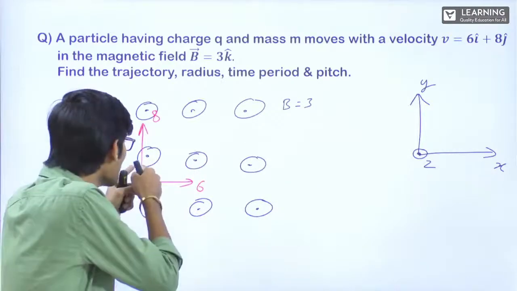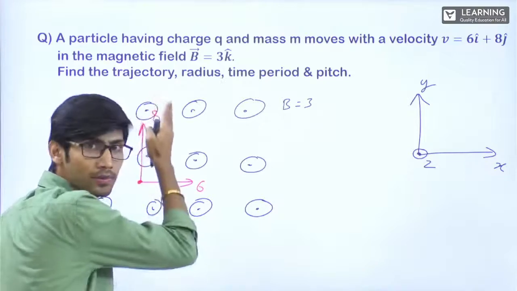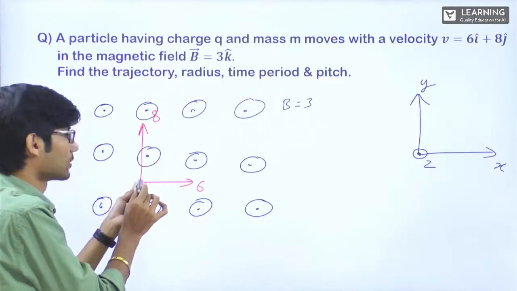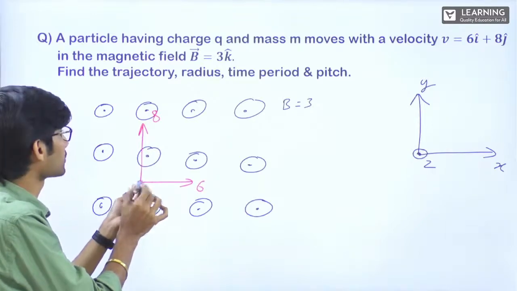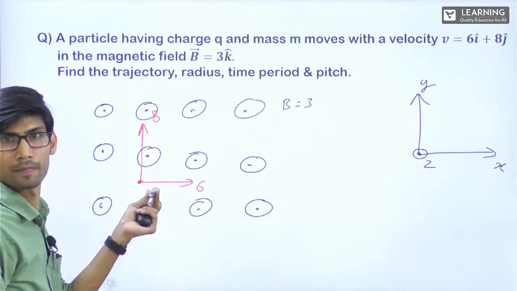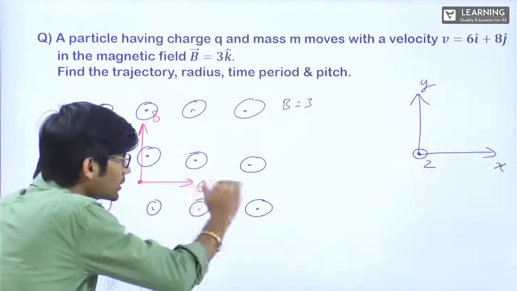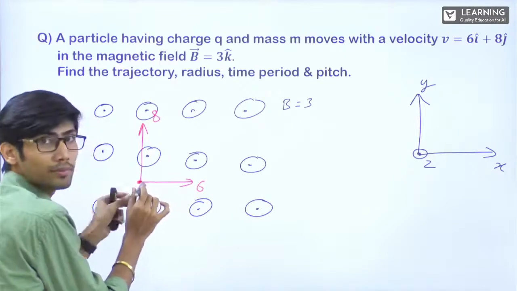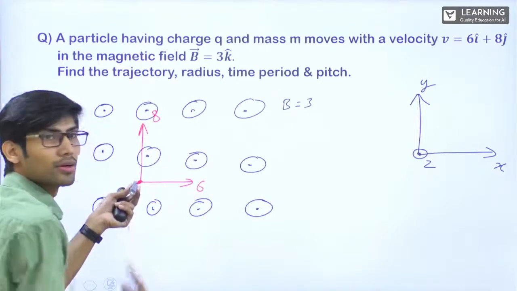Here if you see, velocity is upwards, magnetic field is out of the board. What is the angle between this velocity and this magnetic field? 90 degrees. Here also, velocity is in the x direction and the field is in the z direction. What is the angle between them? 90 degrees.